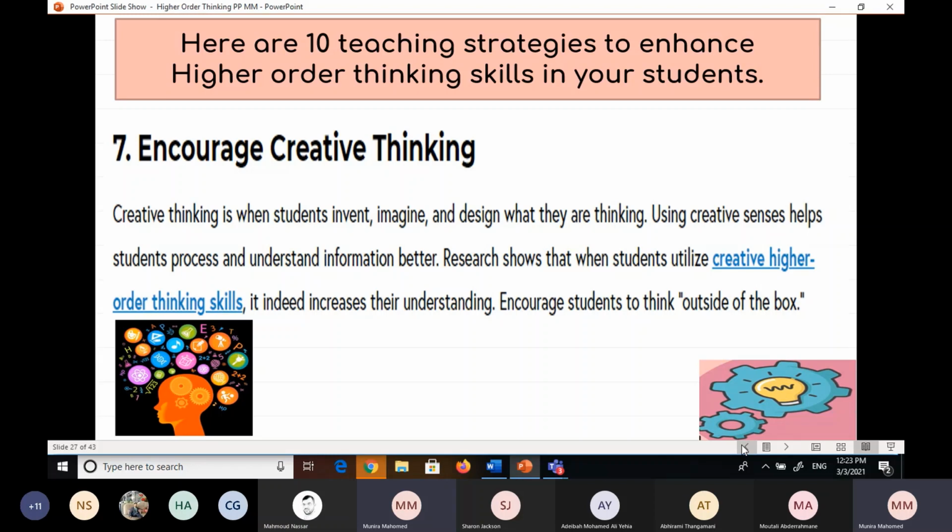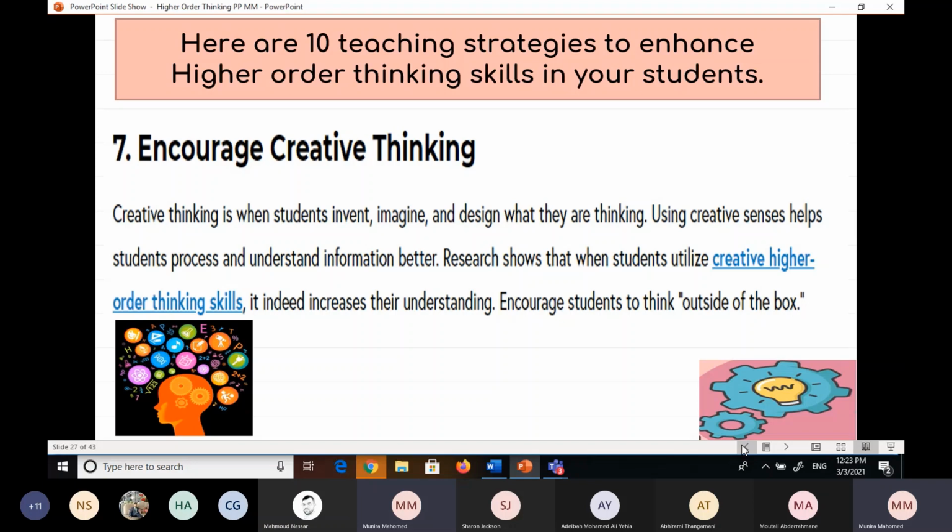Research shows that when students use creative higher order thinking skills, it actually increases their understanding for sure. So encourage students to think out of the box. That means not everything that we are throwing at them has to be the same or the correct thing. If they have something that's an alternative as well, and if it works well, then why not?